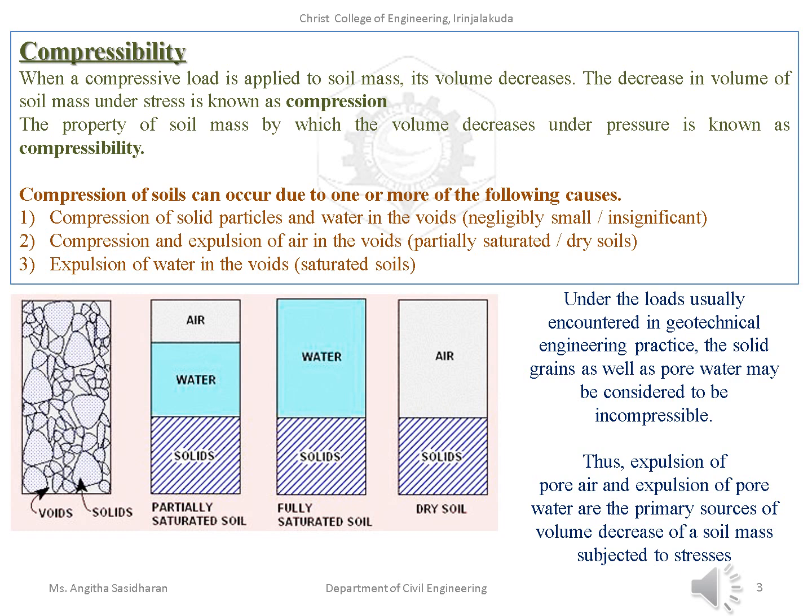Compression of soils can occur due to one or more of the following causes. What are the ways by which soil can be compressed? We can compress the solid particles and water in the voids, but usually in geotechnical engineering practice the loads over that soil will not be sufficient to compress the solid particles and also compress the water.